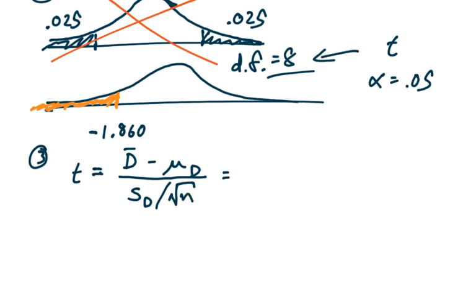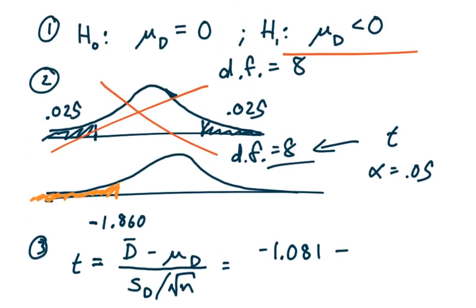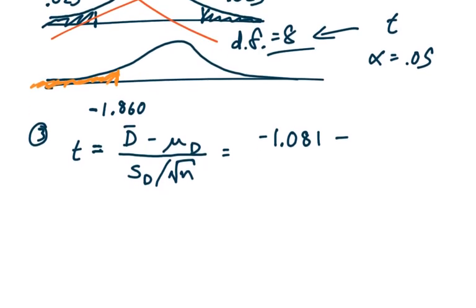And thankfully enough, we've gone ahead and calculated everything here. The average increase in deposits was negative 1.081, and that's in billions of dollars. In the null hypothesis, let me just scroll back up to show you, we had projected that there is no difference between deposits today versus deposits 3 years ago.